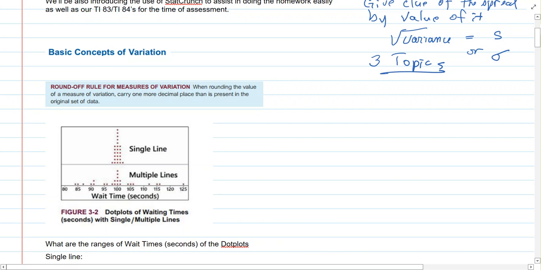So we're going to take the basic concepts of variation first. And there's a round-off rule for measures of variation. When rounding, the value of the measure of variation carries one more decimal place than is present in the original data. So this is a rounding rule.